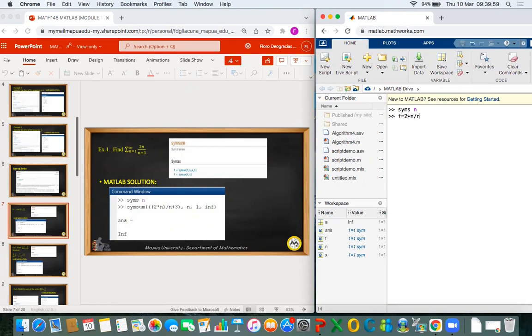So let us check what happens if you use this n plus 3 without parentheses. You'll have a different output. It is not the way we see from the given. Maybe the n here cancels, then 2 plus 3 is 5, right? That's the answer provided by Matlab.